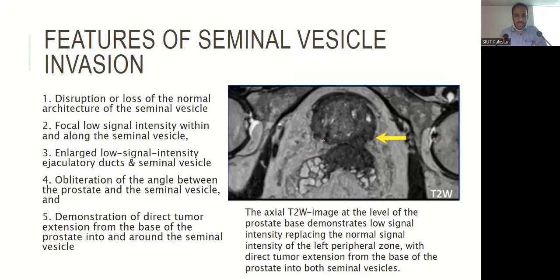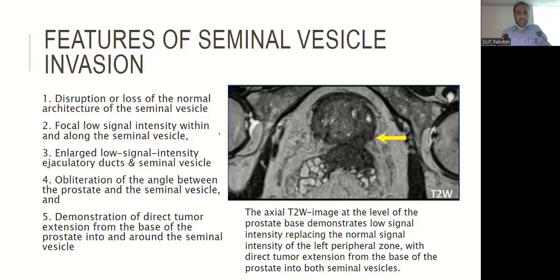This picture is the axial section of T2 weighted imaging at the level of the prostatic base, demonstrating low signal intensity replacing the normal signal intensity of the left peripheral zone, with direct tumor extension from the base of the prostate into both seminal vesicles.